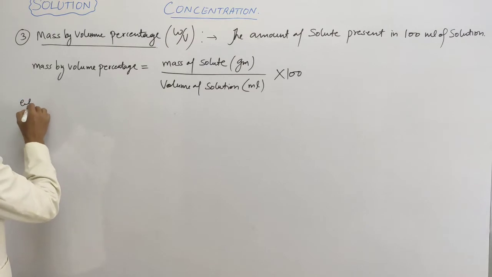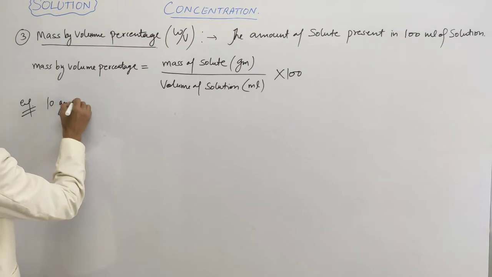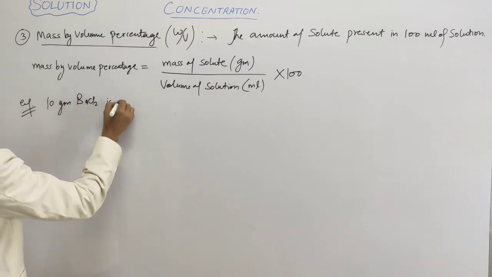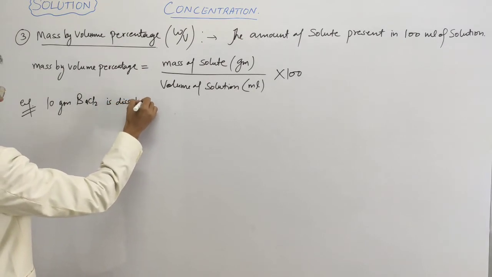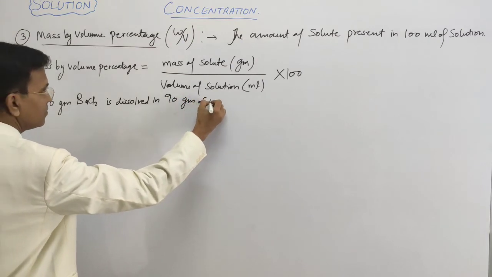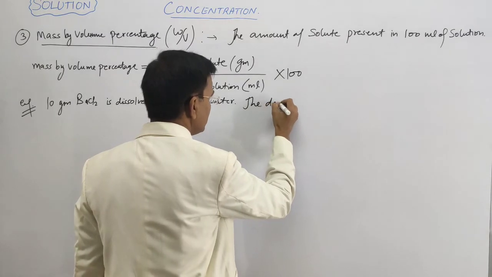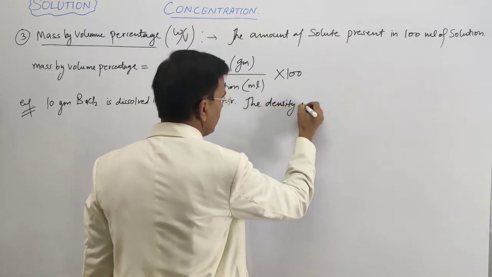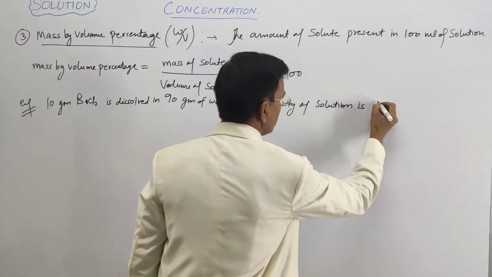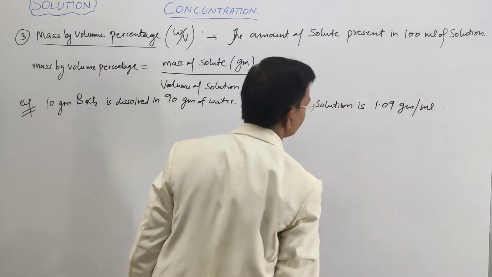For example, a question is there, that is, suppose 10 gram BaCl2 is dissolved in 90 gram of water. The density of the solution is 1.09 gram per ml.